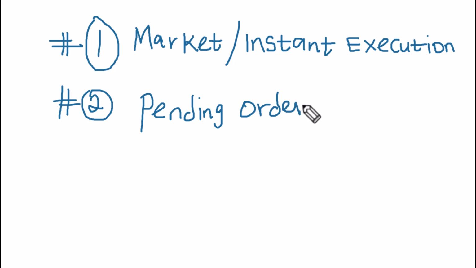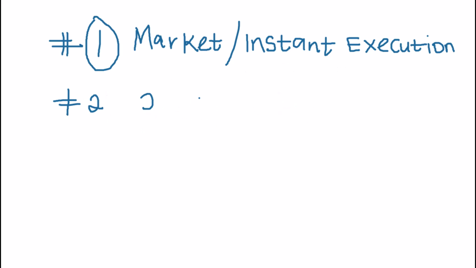Now, market execution or instant execution is an entry to enter the market at the current price level. Take note of that. Let's wipe this out so I can give the definition. All right.